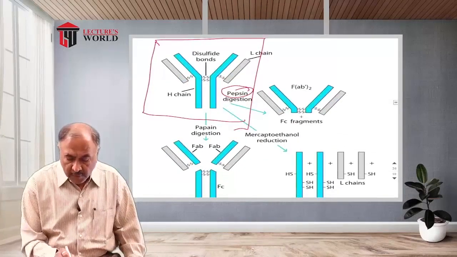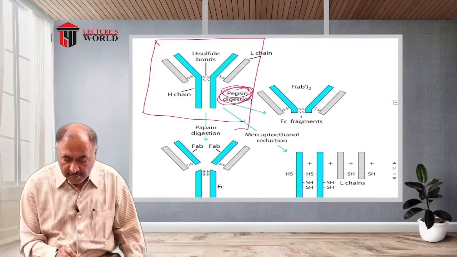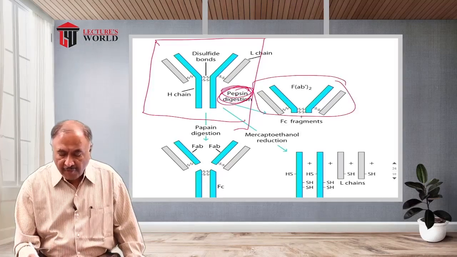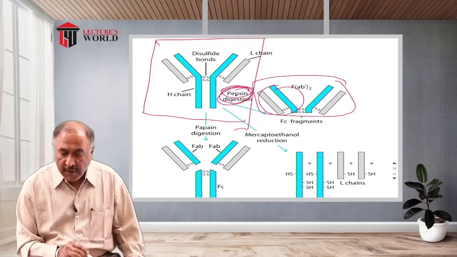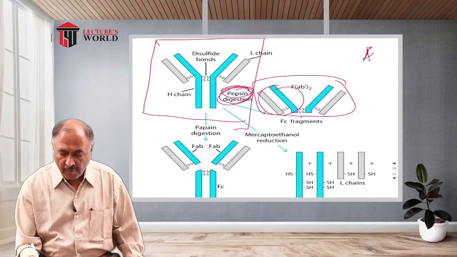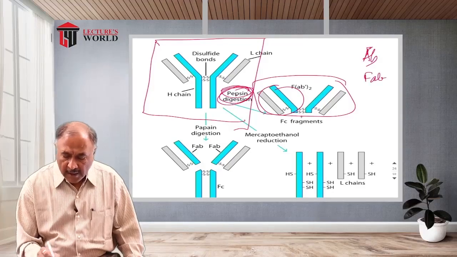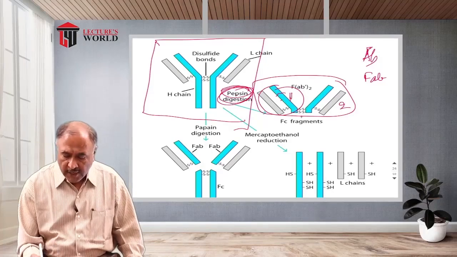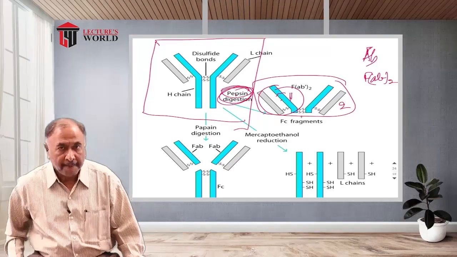So when they digested with pepsin, what they obtained was FAB. Why is it known as that? Because this is an antibody binding region. So we will call them a fragment antibody. How many are there? One, and this is two. So we write it as FAB2.